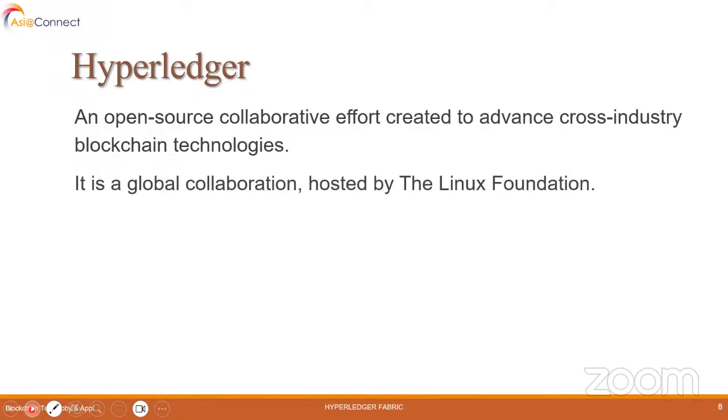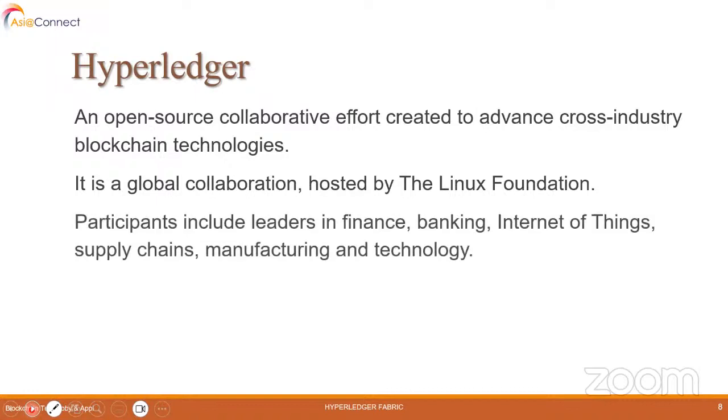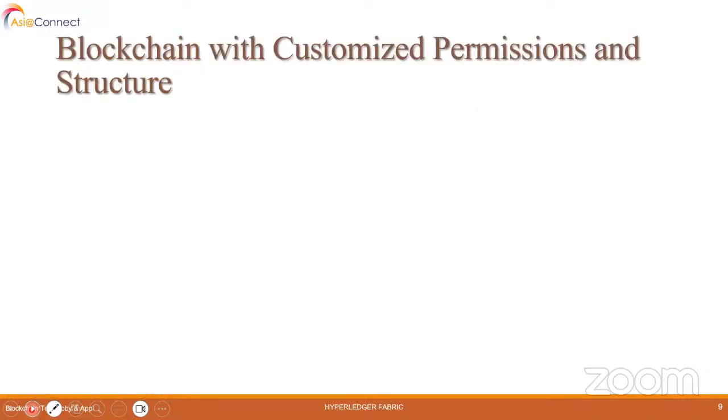Basically, Hyperledger is a global collaboration hosted by the Linux Foundation, with a huge number of participants, including leaders in finance, banking, Internet of Things, supply chain, manufacturing, and other technologies.